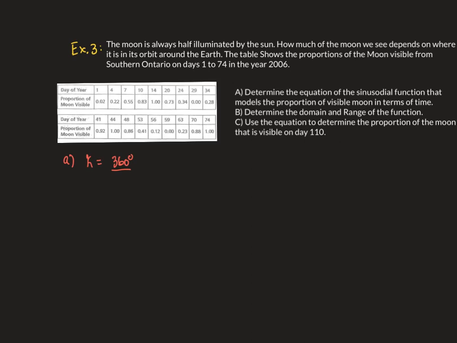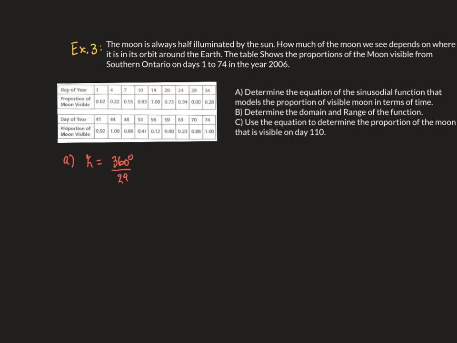So you have a period of 29. And when you divide this out, you're going to get a decimal number. So at this point, I would actually leave it as 360 degrees divided by 29.